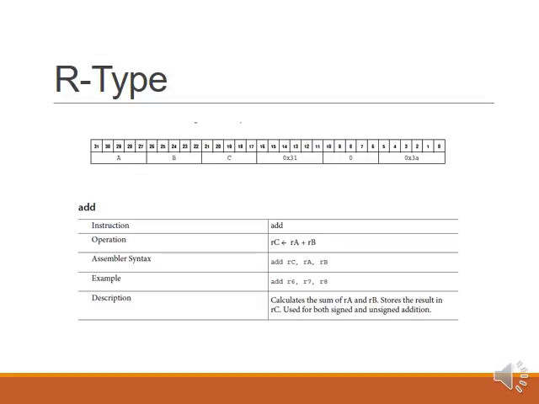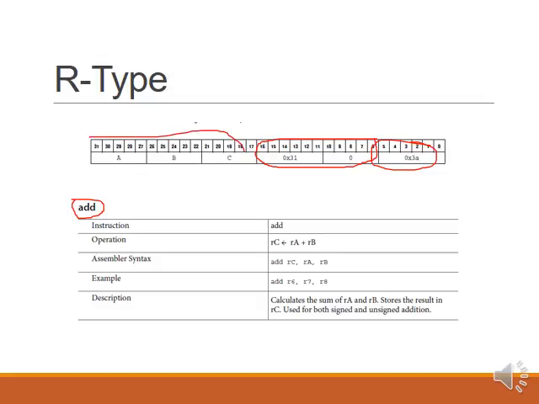Then there is the R type. Among the R type instructions, we will demonstrate add. In this, 0x3 is the opcode. Then the other 16 bits are for the opcode extension, which in case of add will be 0x31, and all other bits will be assigned 0.